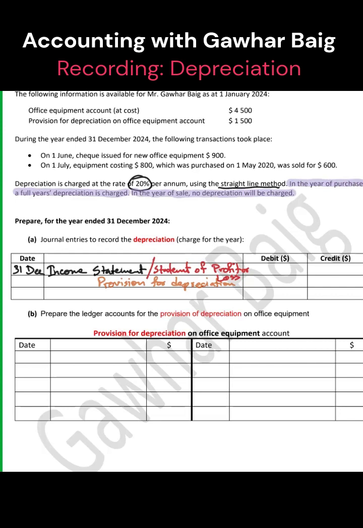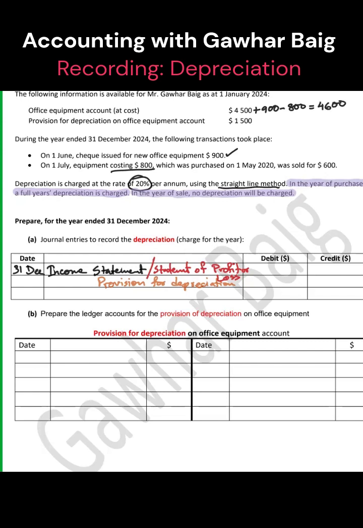So as this policy goes, we can add up the purchase value, which is this $900, and subtract the sold amount, which is $800. What we are left with is the remaining cost, $4,600.